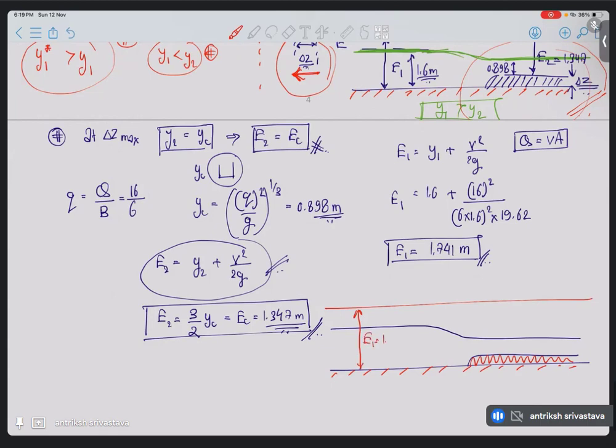E1 is 1.741. E2 is 1.347. Then can we get the value of delta Z? Delta Z, that is in this case delta Z max, is going to be E1 minus E2, or in this case Ec, is 1.741 minus 1.347.